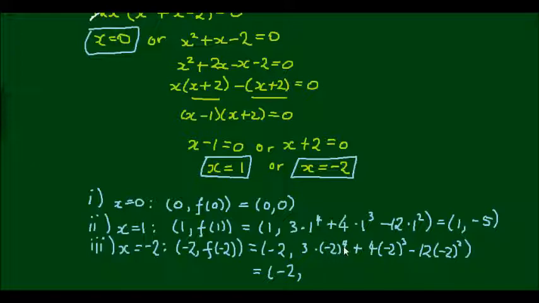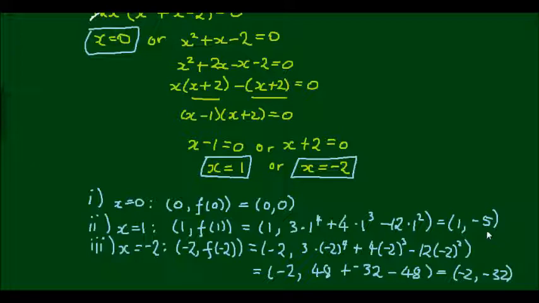So negative 2 to the 4th is 16 times 3 is 48, plus negative 2 to the 3rd is negative 8 times 4 is negative 32, and then negative 2 squared is 4 times 12 is going to give me negative 48. And that's going to evaluate to negative 2, negative 32.